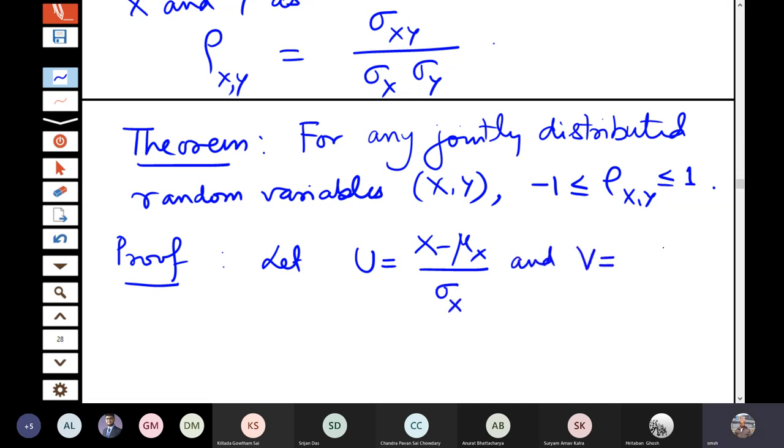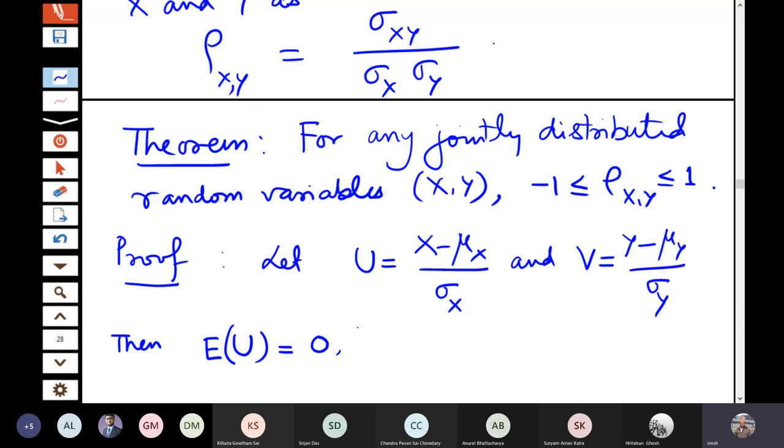Let me define random variable u as a standardized form of x, that is, we subtract the mean and divide by the standard deviation. And v as the standardized form of the random variable y. Then first of all, let us look at the interpretation of all these quantities. So what is expectation of u?